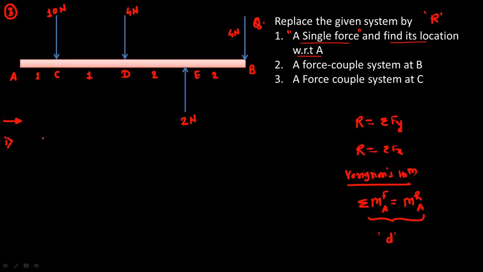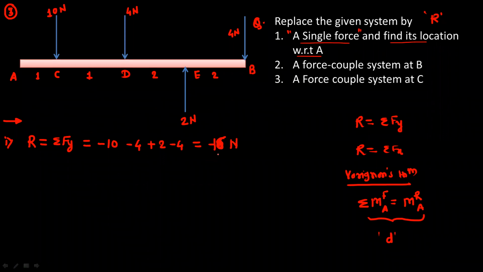As this is a parallel force system and all the forces are vertical, resultant is equal to summation Fy only. So this is equal to 10 Newton in the downward direction, so it is minus 10, then minus 4, plus 2, and minus 4. So this will be minus 8, sorry, minus 16.